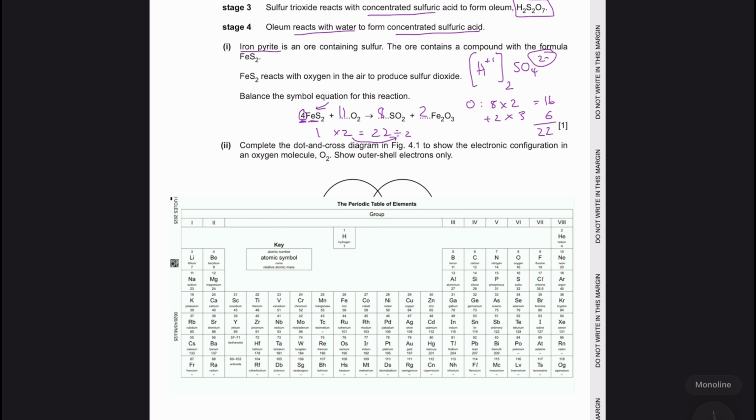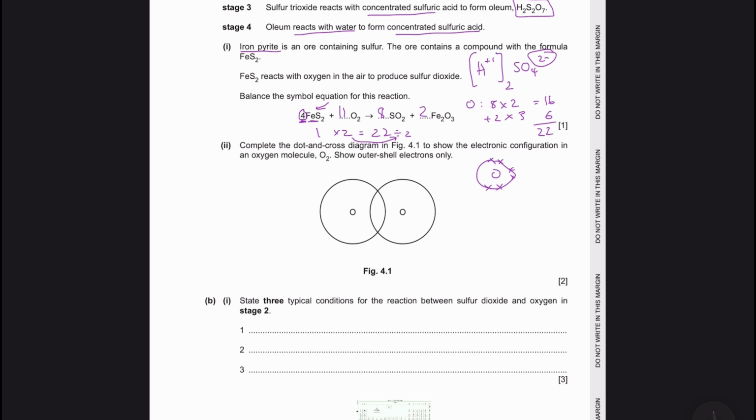Oxygen is in group 6, which means it has 6 electrons in its outer shell. 1, 2, 3, 4, 5, 6. Amazing. So we know each one has 6, which means it's missing 2 electrons in its outer shell, because we can fit 8 in total, and having 8 in the second shell, third shell, etc. is the most stable. So that's what these oxygen atoms are going to want to do.